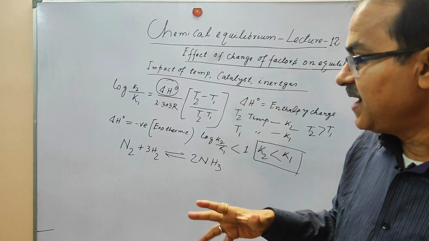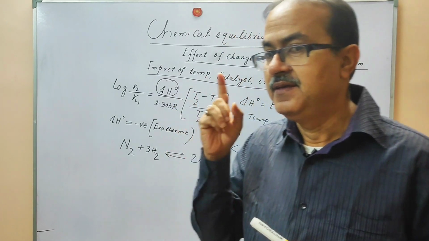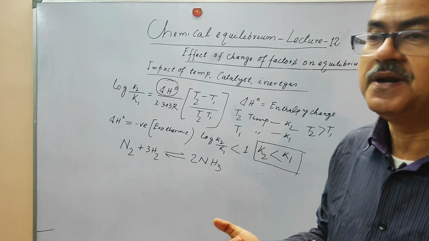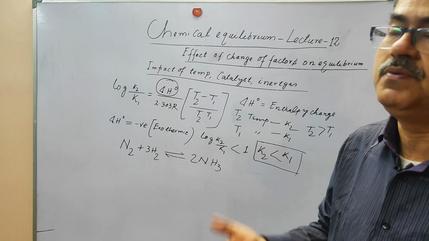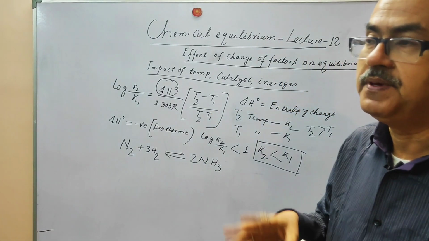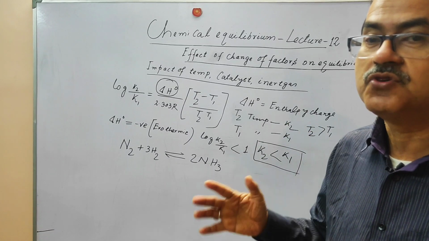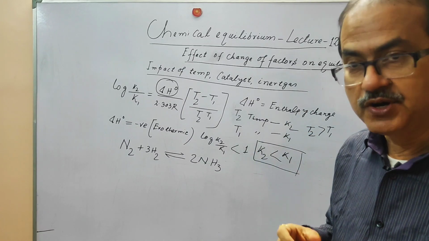So we can understand that when the reaction is exothermic and we increase the temperature, the equilibrium constant decreases, and it is detrimental to this reaction in terms of the yield of the product.